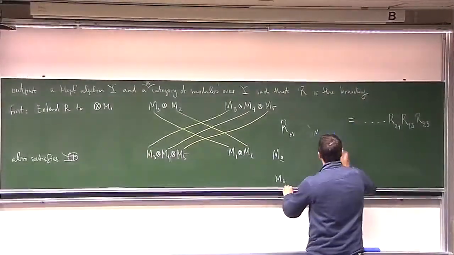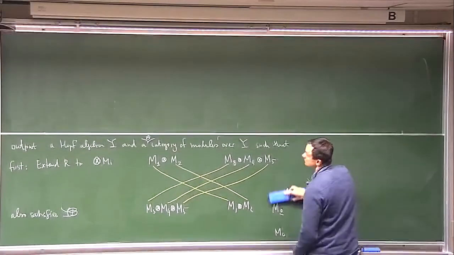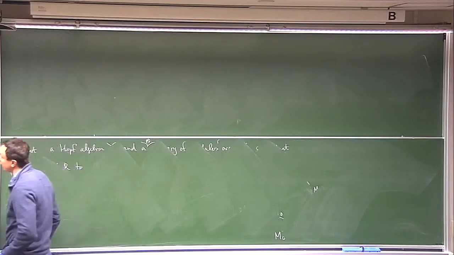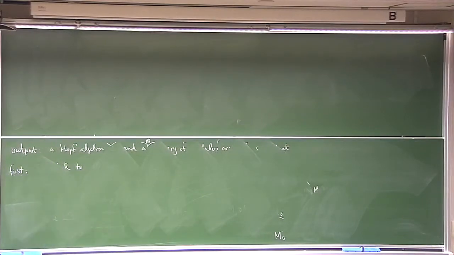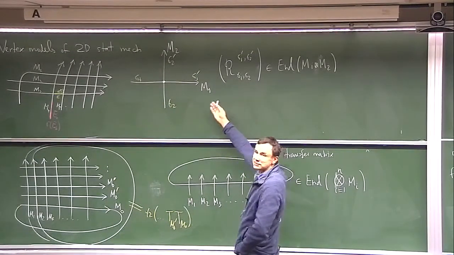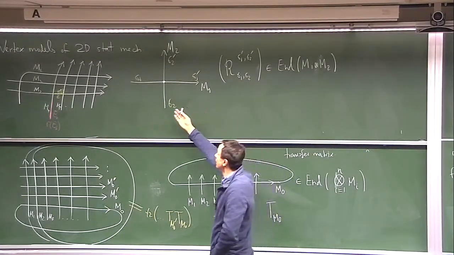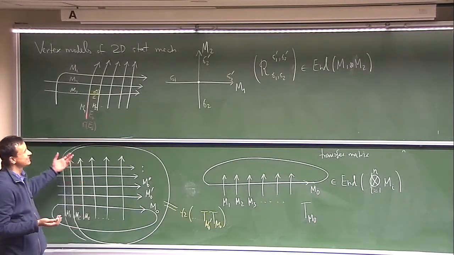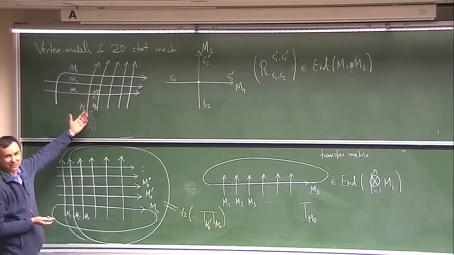So Baxter's observation is that if you have a vertex interaction, the R matrix here is just a collection of numbers, parameterized by some basis in some vector space. There's no good reason to require anything special of that collection.